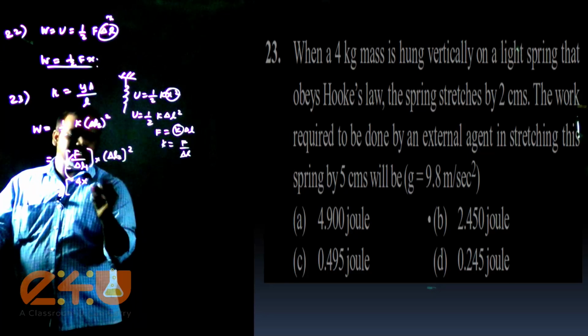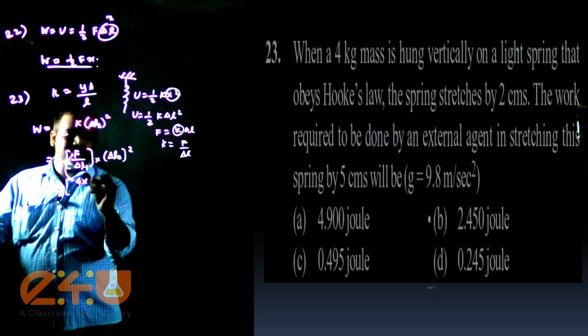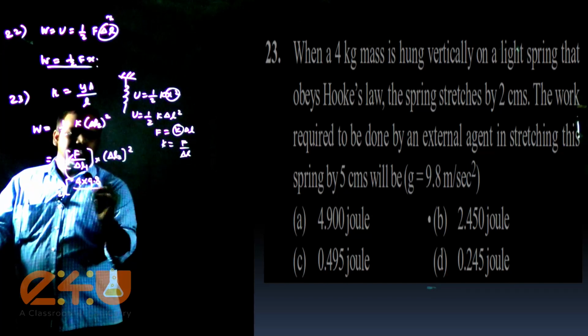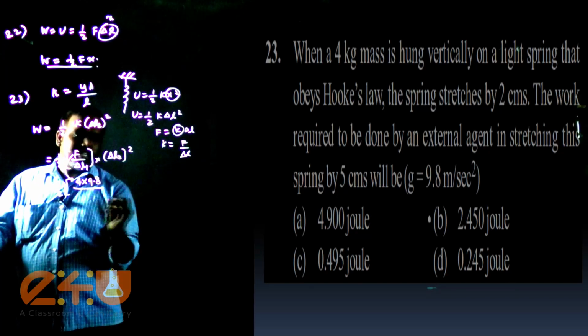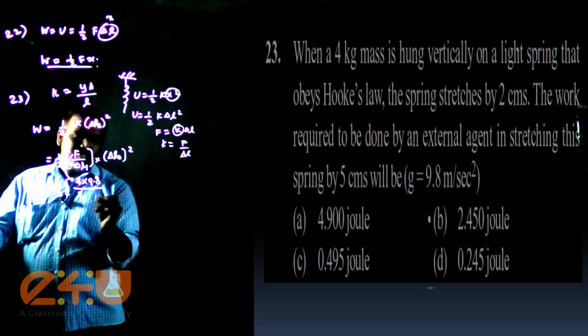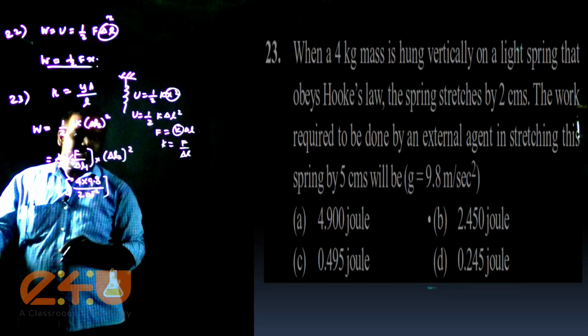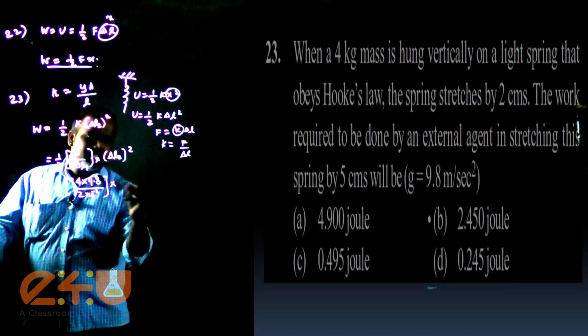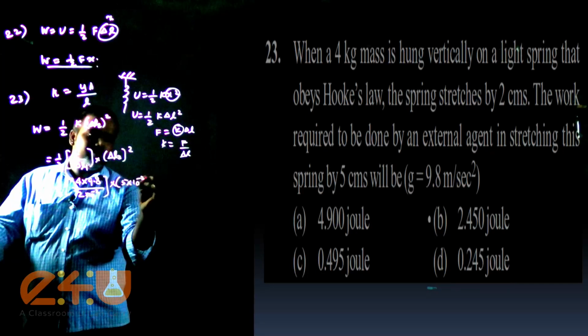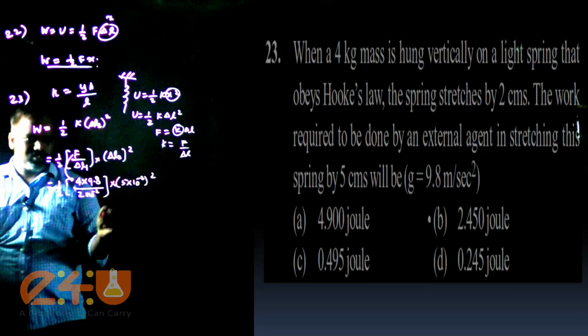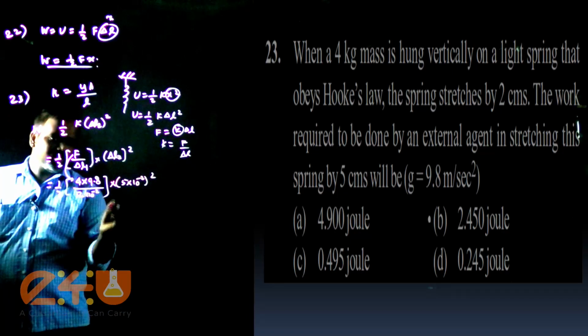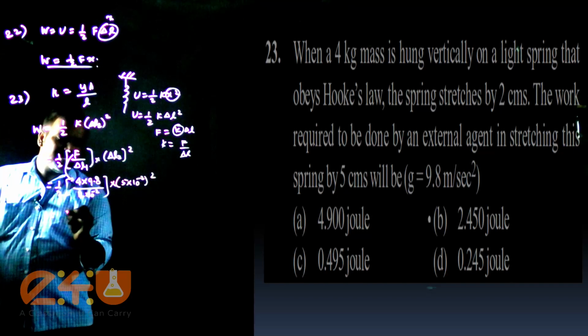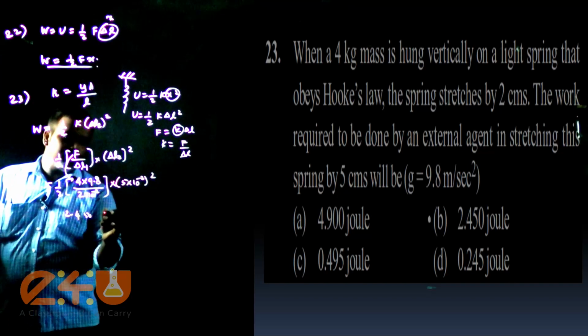Since they have given 9.8, we must use 9.8 instead of 10. So mg divided by delta L1, that is 2 into 10 to the power of minus 2, gives the K value. Into delta L2 square, that is 5 into 10 to the power of minus 2 whole square. By solving this we get the answer approximately 2.450 joules.